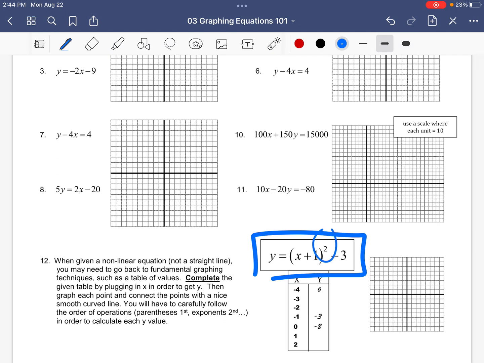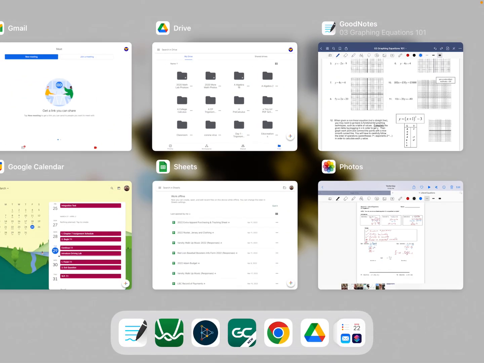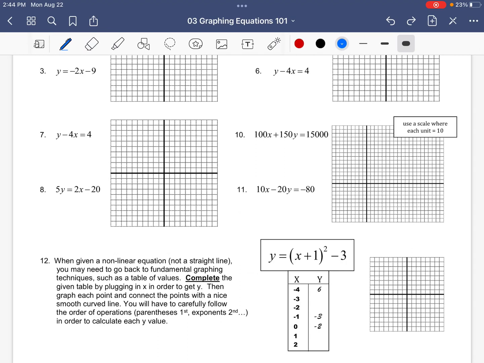That's because it's got this exponent. Whenever you have an exponent, that means your equation is nonlinear. It just means that it's not going to be a straight line. So what are we going to do? You're going to fill out a table of values. And that table of values will help you see the points that you'll then connect.